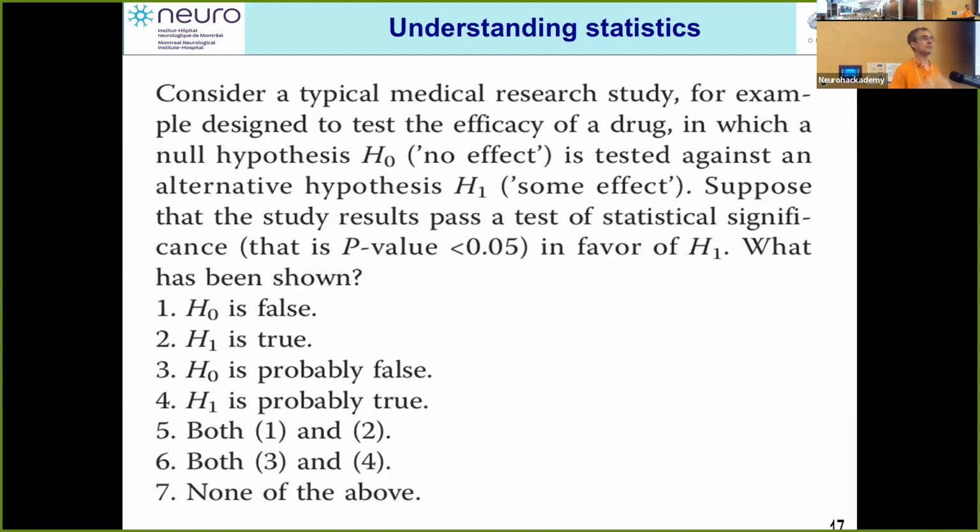The most common answer is basically number 3, which is that H0 is probably false, which has always been bizarre to me, because if H0 is probably false, then maybe H1 is probably right. So why not 6 being the winner? Anyway, I think that reflects what happens in the mind of someone reading a paper with a p-value, and that is what the reader will think.